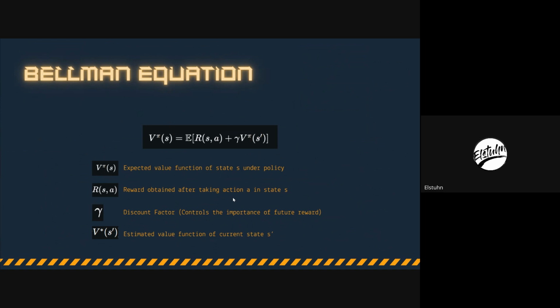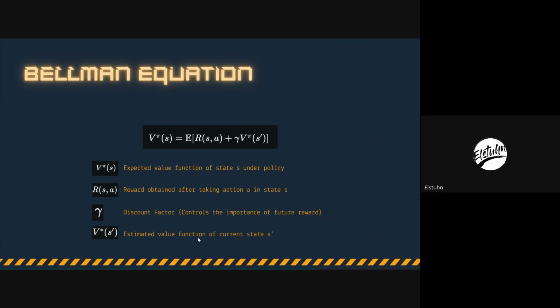Okay. So the deep Q learning formula basically is the Bellman equation, very similar to the Q learning equation. Basically, the Q value of state S taking action A will be equal to the reward obtained plus the discount factor times the max Q value of the new state as the estimated value function of the state.